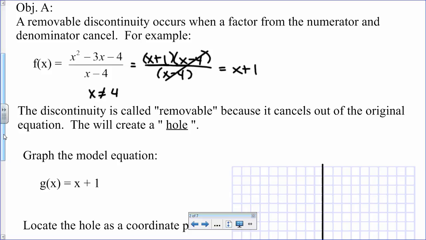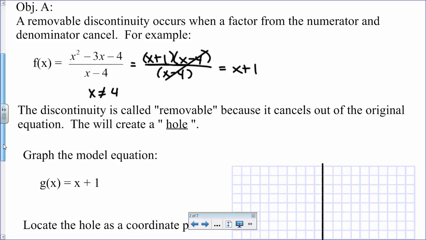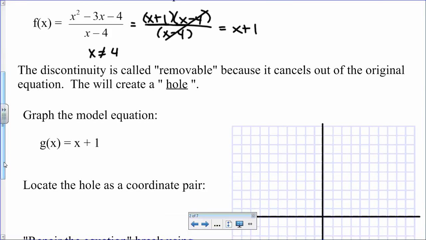So we're going to graph our equation now, just the x plus 1, which is linear. So when you want to graph a linear equation, you use your slope and y-intercept. What's the y-intercept? 1. What's the slope? 1.